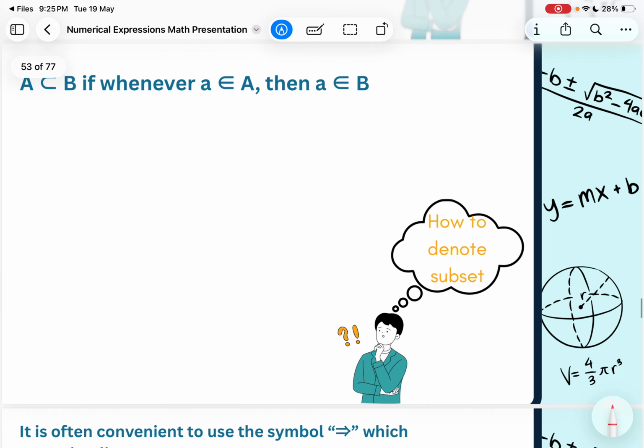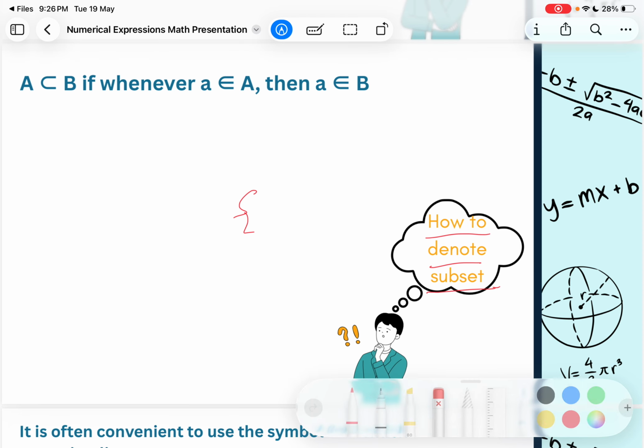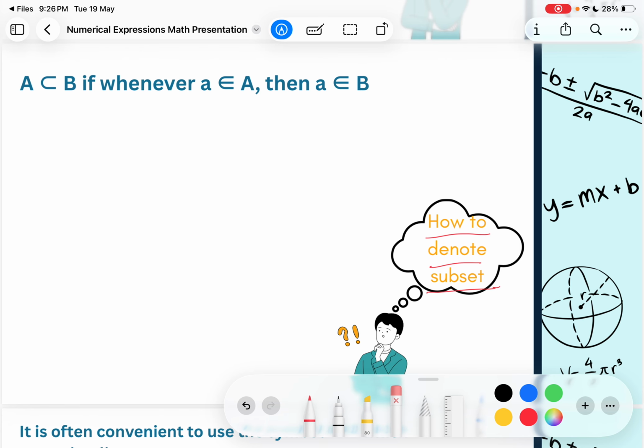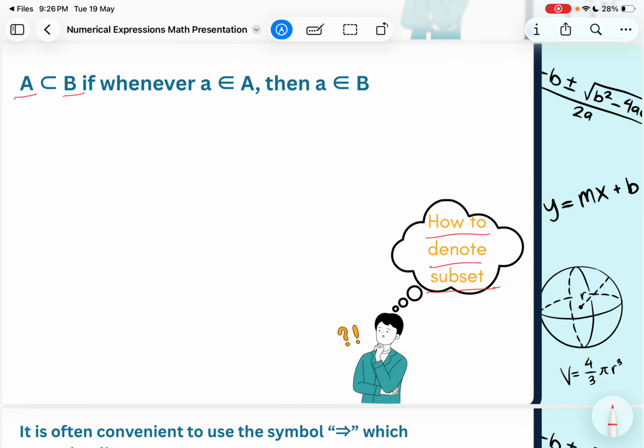Next, here we understand how to denote a subset. In sets, how do we denote it? With curly braces. So how can we represent a subset? A ⊂ B, and this symbol is the symbol of subset.